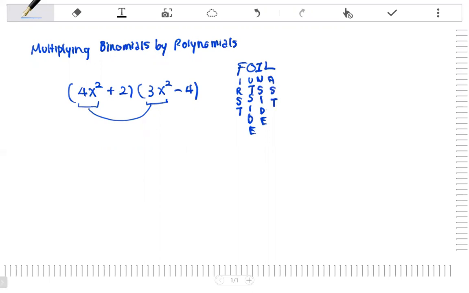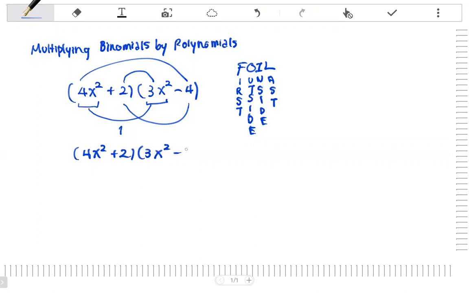So what this means is we multiply the first terms, outside terms, inside terms, and last terms. I think this is a good method, but you're using an algorithm that somebody teaches, and you just follow it every time. So I think it's good to know what's going on behind this.